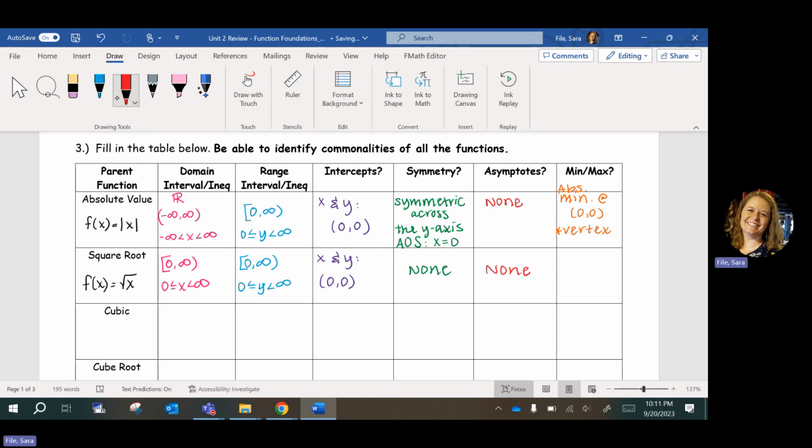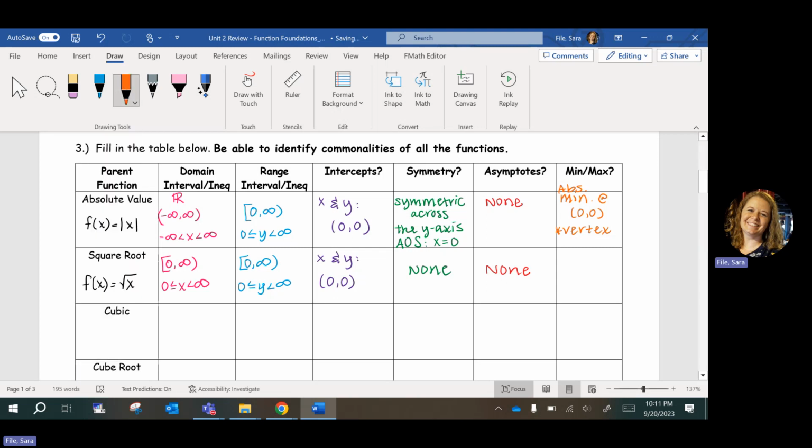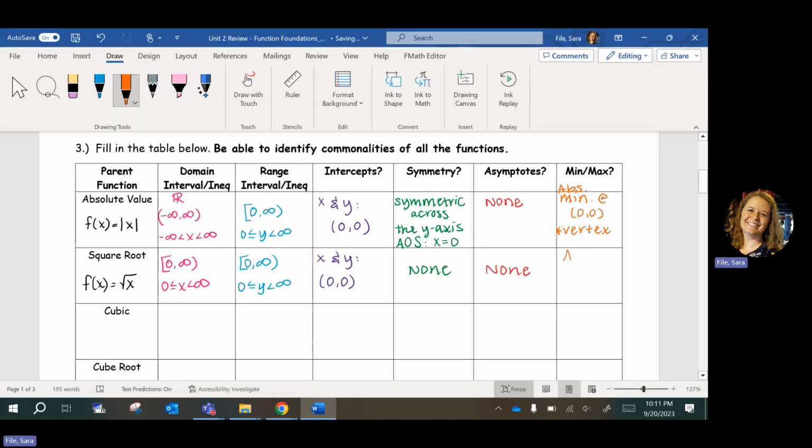And then this is one that does have a maximum or minimum. This is the lowest point on the graph. It is the absolute lowest value. So 0, 0 is an absolute minimum again. But this time, it is not a vertex because it's not a turning point.